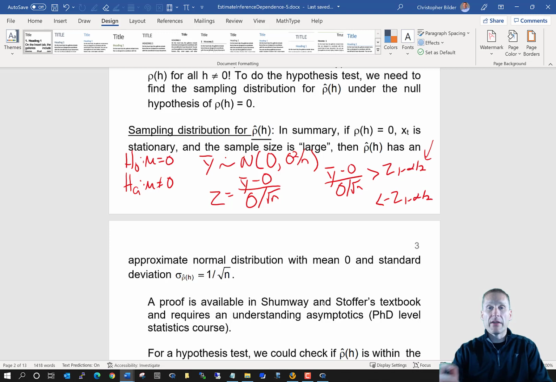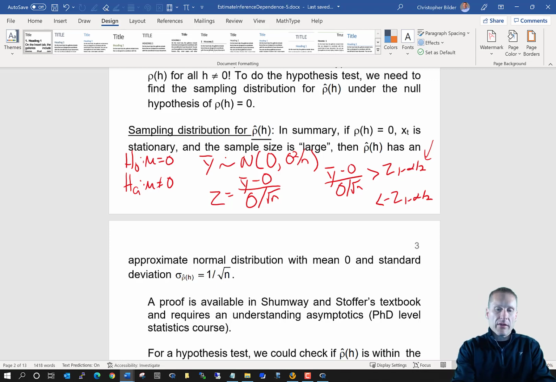Or is this quantity instead less than the negative of that quantile? Let's make sure you understand the phrase quantile from the standard normal. If alpha was 0.05, this z with a subscript 1 minus alpha divided by 2 would be a positive 1.96. So if this test statistic is either greater than this quantity or less than the negative version of that quantity, there is sufficient evidence against the null hypothesis, meaning that mu does not equal 0.